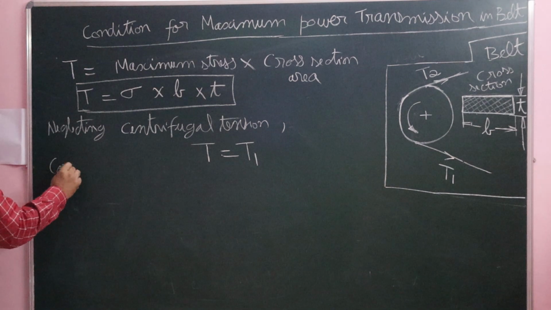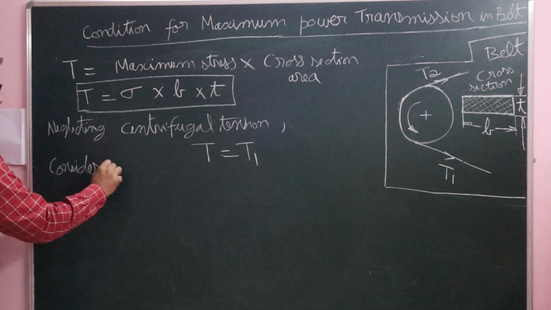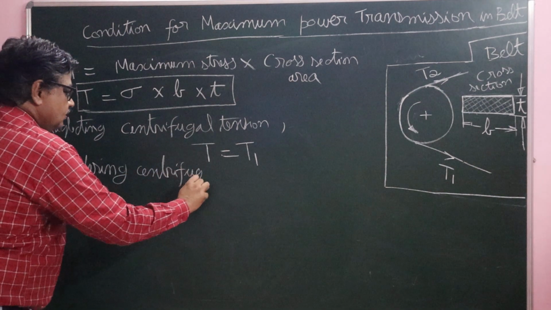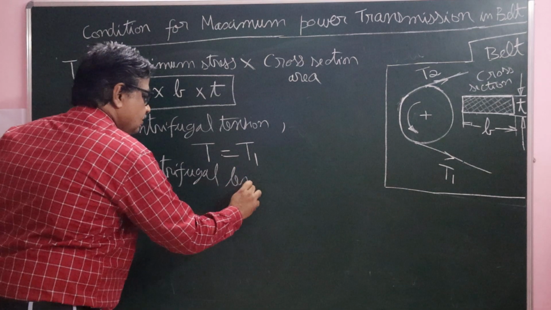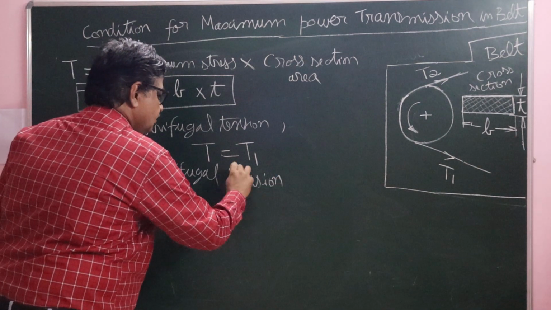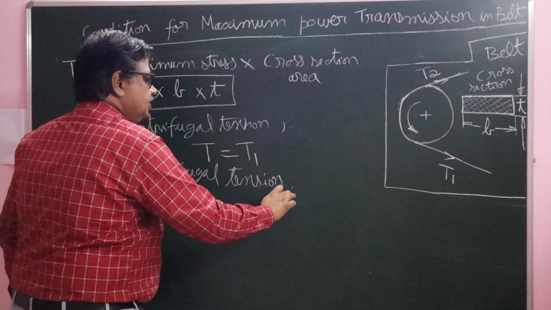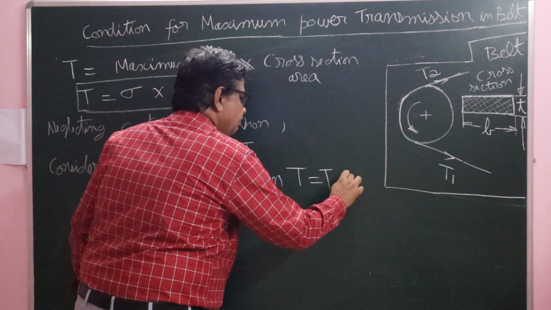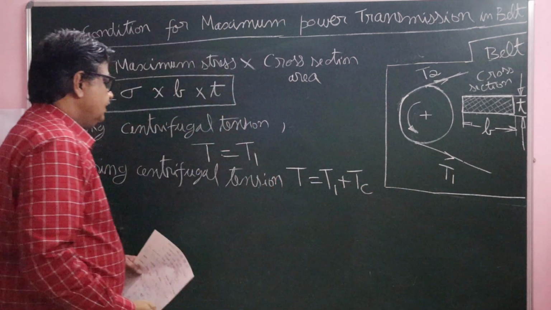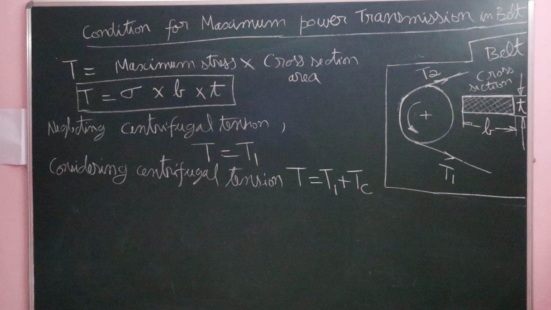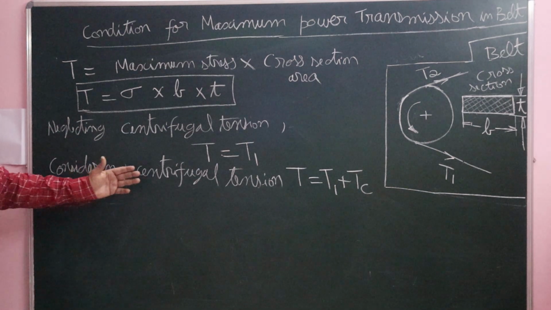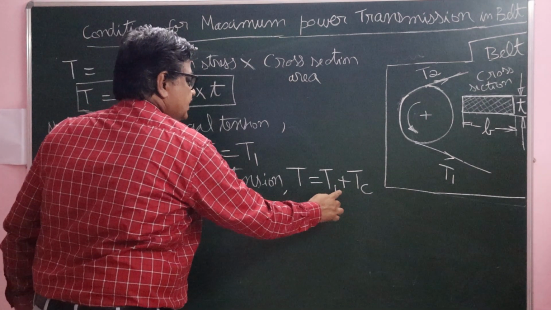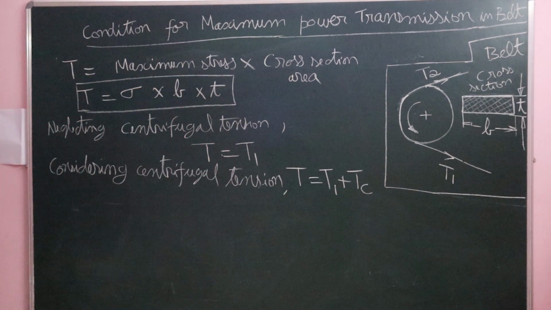Considering centrifugal tension, T is equal to T1 plus Tc. That is, when we consider centrifugal tension, the maximum tension in the belt T is equal to T1 plus Tc, where T1 is the tension in the tight side and Tc is the centrifugal tension.